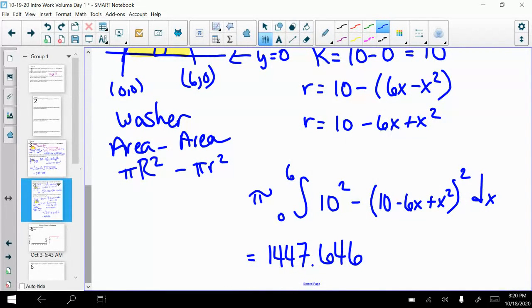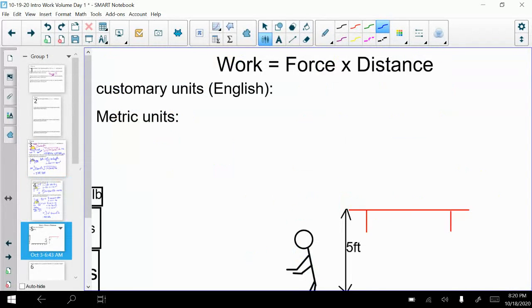Then, if we don't have other questions, we're going to move into what we're talking about today, which is just another application. But this time, our application is work. So work in physics is force times distance, okay? And so usually in English units, a force we're thinking of is like a weight.